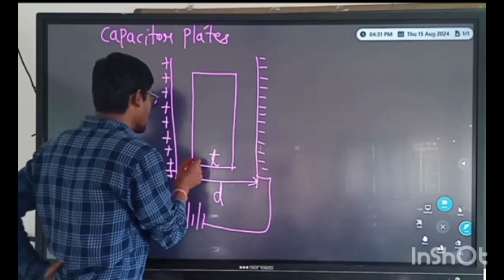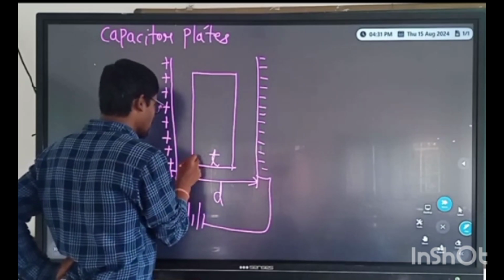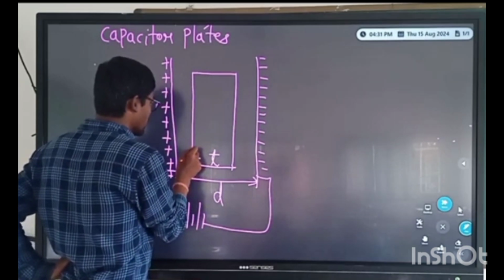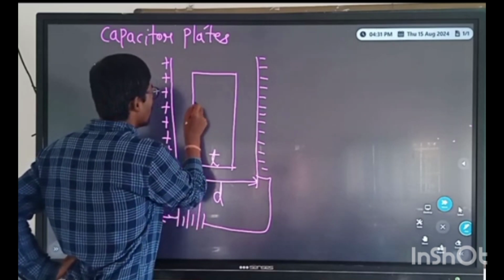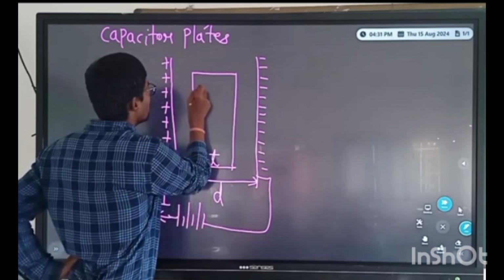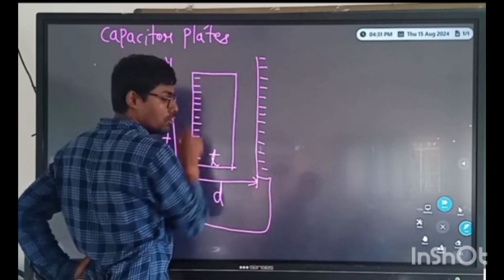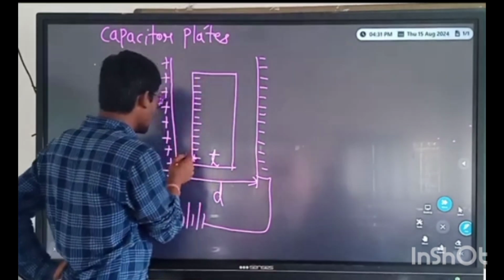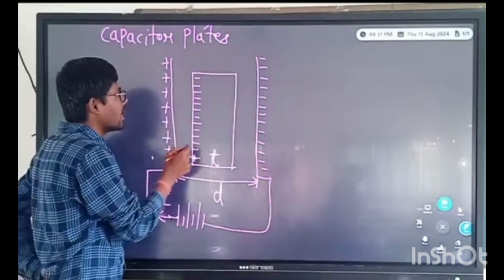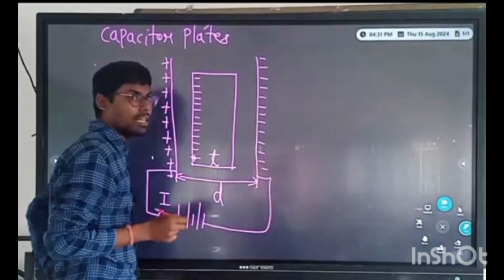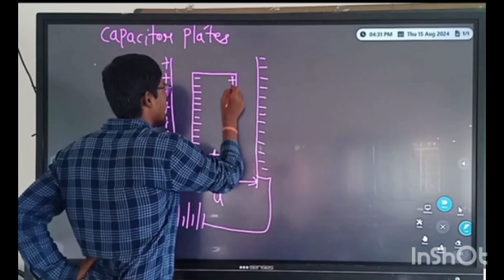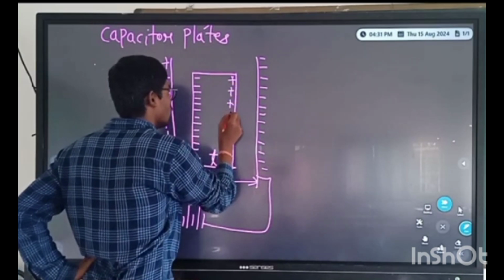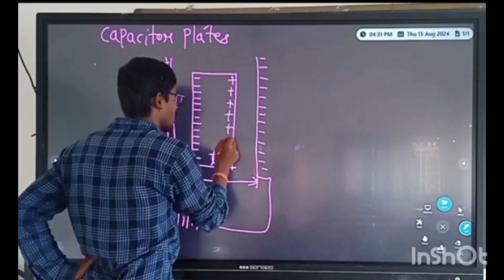Negative charge will be induced on the side near the positively charged plate, and positive charge will be induced on the other side of the dielectric slab, due to polarization.